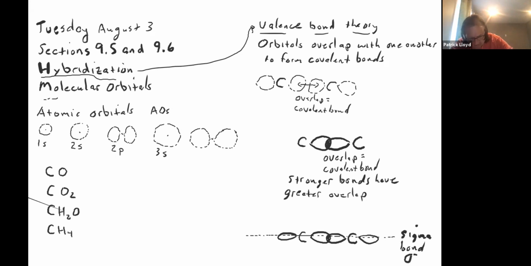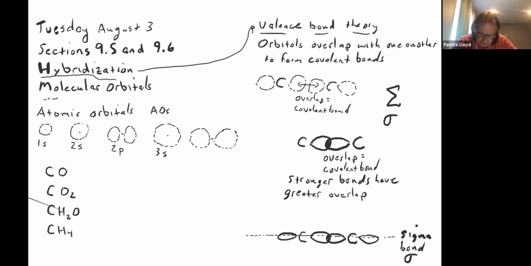The symbol for that is the Greek letter sigma. Remember, the uppercase sigma is used in mathematics for summing things, for adding things up. The lowercase sigma is this one right here. It's like an S. Sigma is like S, really. For the sigma bond, we use the lowercase.